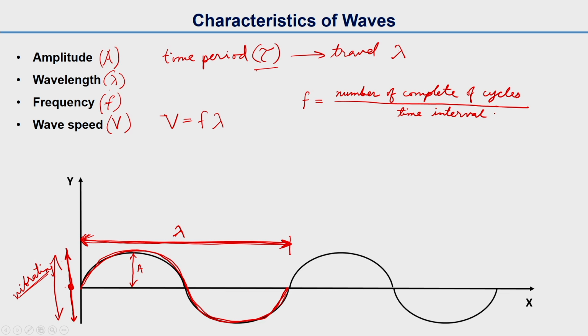So in this case, let us say from x equal to 0 to this portion, we have two complete cycles.